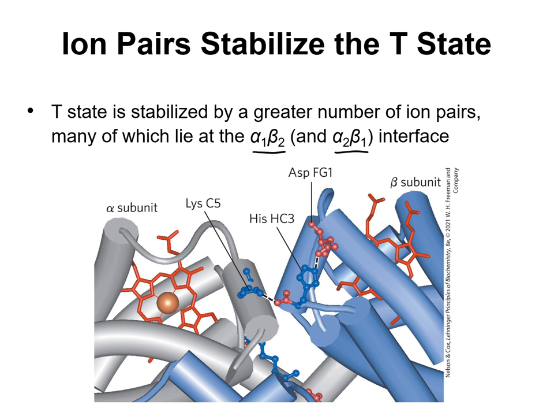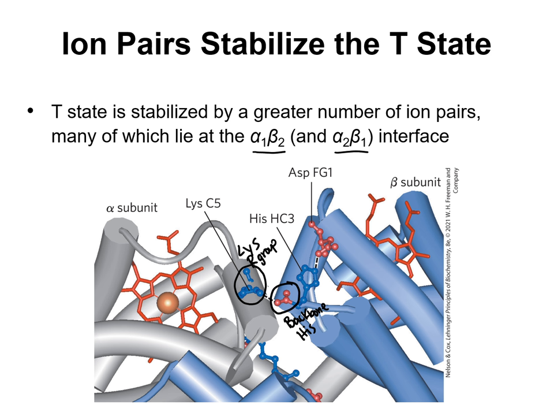Some of the key interactions I'm going to highlight here. There's a lysine that is hydrogen bonding with the backbone of this histidine on the beta 2. So this is the lysine R group, and this is from the backbone of a histidine residue on the beta subunit.